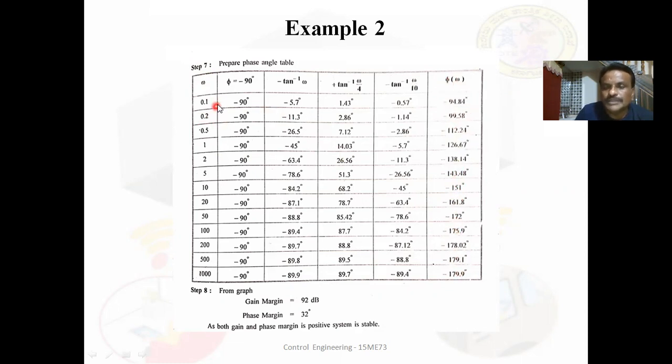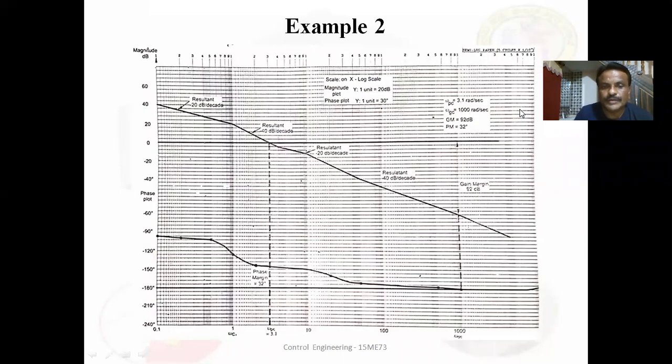Once you complete the resultant magnitude table and the phase angle table, we have to go for constructing the magnitude plot as well as the phase angle plot. As we discussed already, the x-axis is a logarithmic scale, which is a non-linear scale.